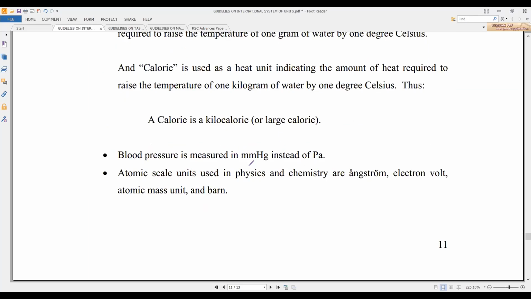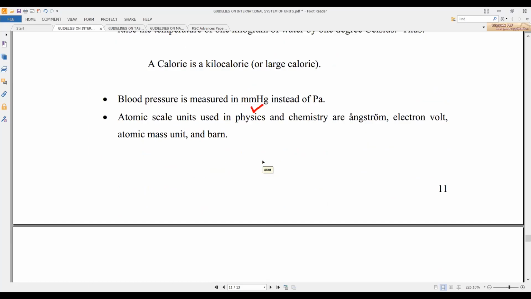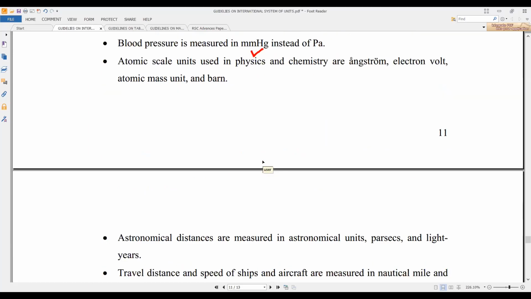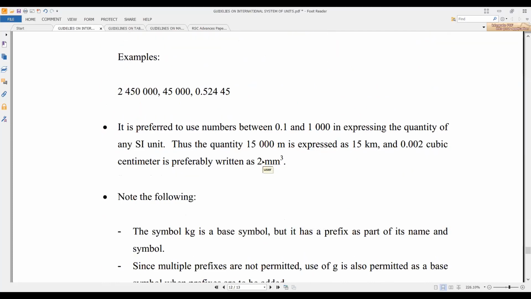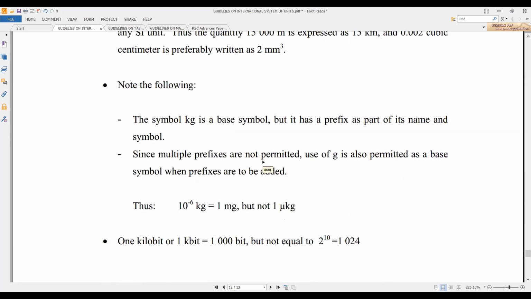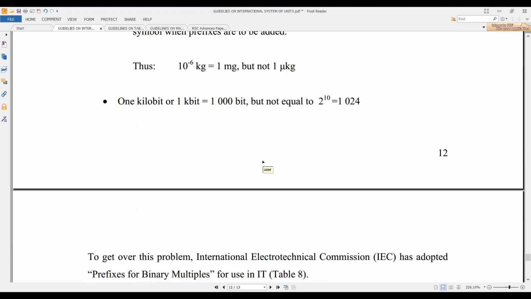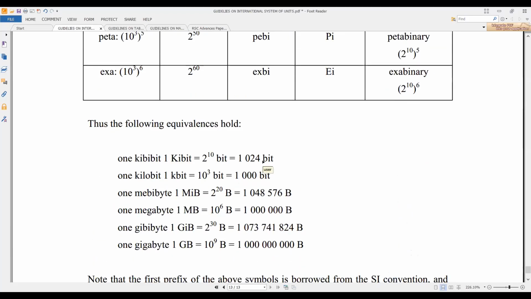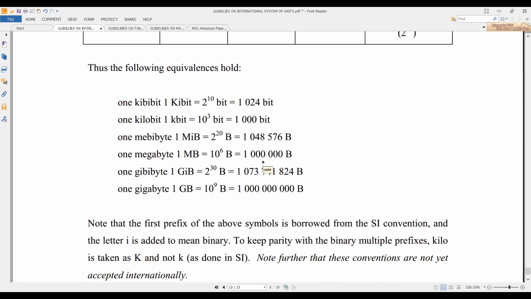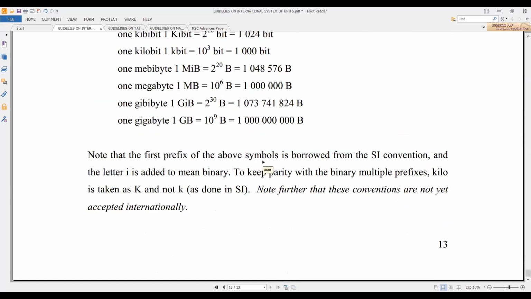Blood pressure is measured in mm of Hg instead of Pascal. Right, and so on. I won't discuss all the things because there are so many things I want to highlight. I will share this file with you. Let's move to another file.